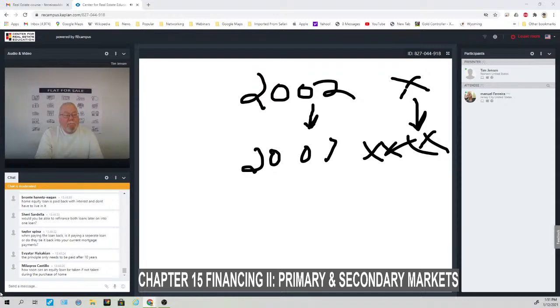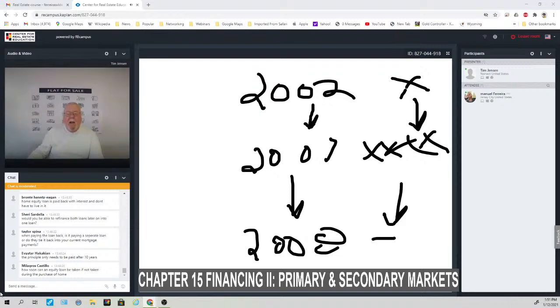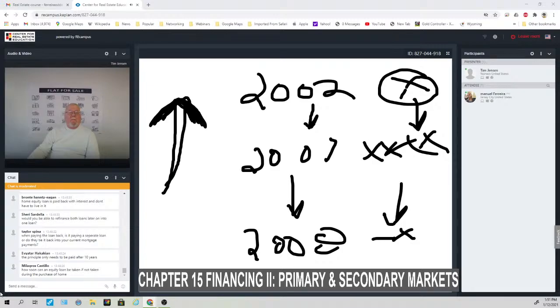But what happened in 2008? The markets crashed, and now values are back at minus X, less than they were in 2002. However, during this period people borrowed against the equity and their average debt on the property skyrocketed, because if it was worth more, they could borrow more equity, and they did.